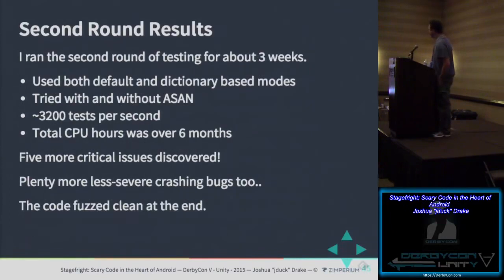So yeah, I got about 3,200 tests per second when I ran it on my 32 core box. It was super fast, and that's why I could get away with running it for only a day or two, because it keeps track of CPU time and multiplies it out. You run it for like three days on this box, and it tells you it actually ran for like 6 months of what you would normally consider CPU time.